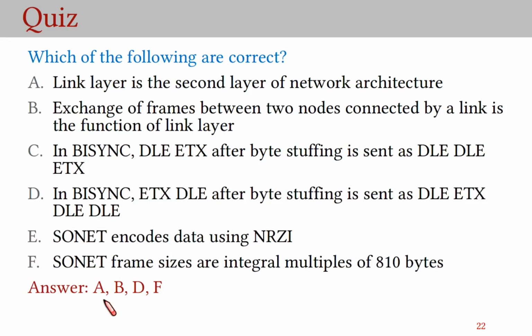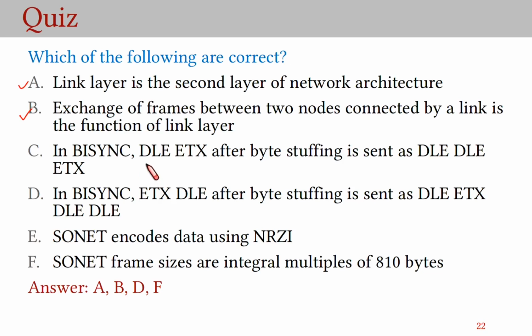The correct options are A, B, D, and F. A says the link layer is the second layer of network architecture. That's correct. B says exchange of frames between two nodes connected by a link is the function of the link layer. That's also correct. C says in Bisync, DLE ETX after byte stuffing is sent as DLE ETX.